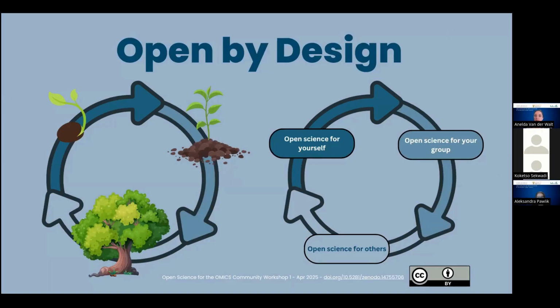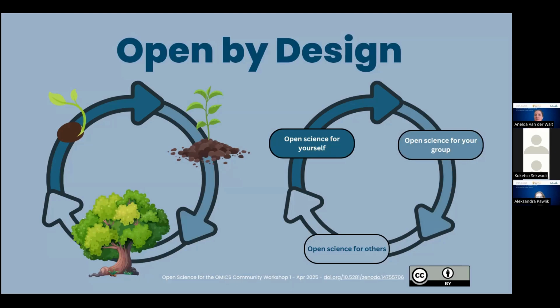So that those conversations are had at the earliest possible stage, and also to clarify what the reasons are for making data open or closed, identifying risks with sharing data or any other research outputs that are being generated. Again, looking at what the funders and the institutional requirements are as well.